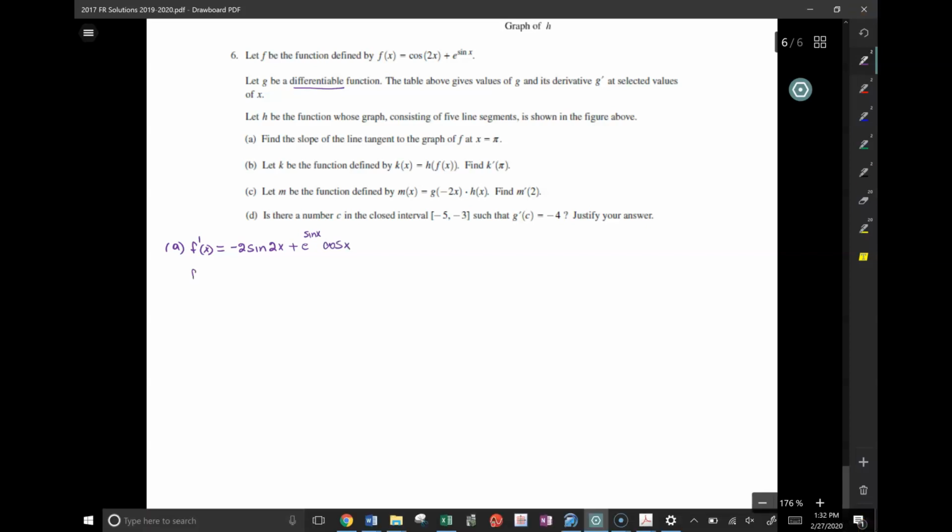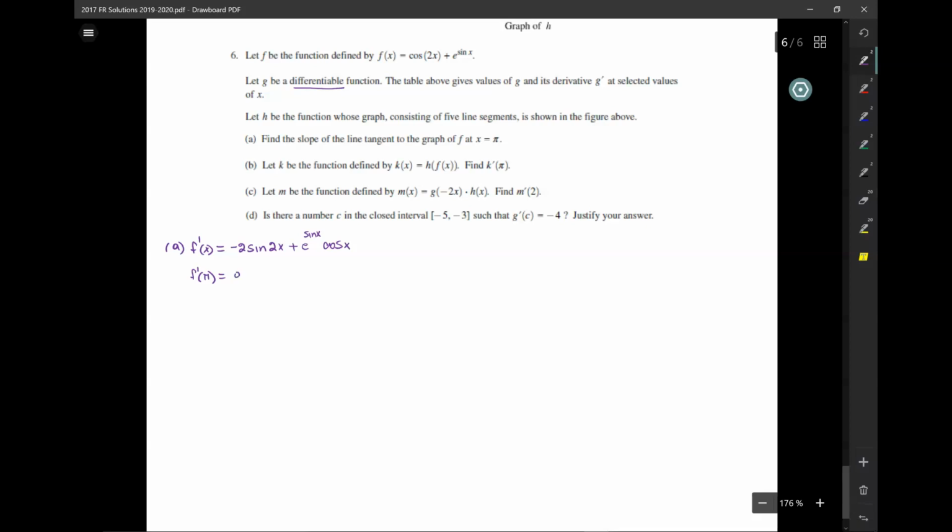And then f prime of pi is negative 2 sine of 2 pi, which is 0, plus e to the 0 cosine pi, so that's just negative 1. Okay, so they just want to see if you know what derivative means. And that's just 1 point. This whole thing is 1 point.